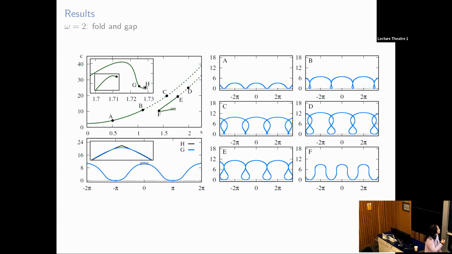Along the left side of the fold, as you increase the stiffness, the profile becomes more and more rounded, so that at point B, you have a touching wave. If you pass that touching wave, your solution looks like this.